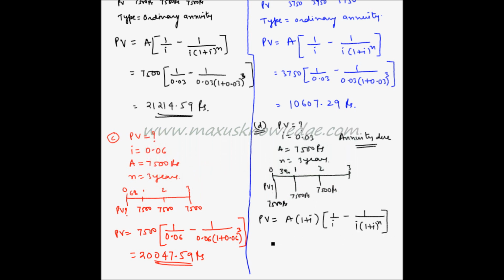So let's plug in the values. A is 7500, 1 plus I is 1 plus 0.03, 1 divided by 0.03 minus 1 divided by 0.03 into 1 plus 0.03 to the power n, where n is 3.